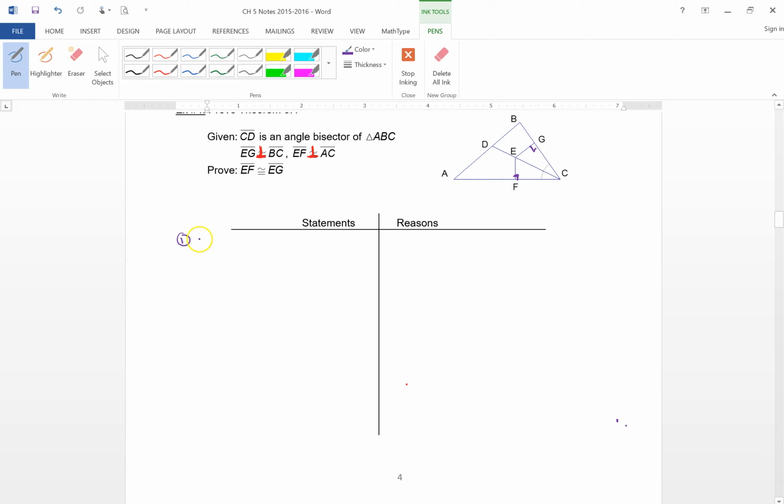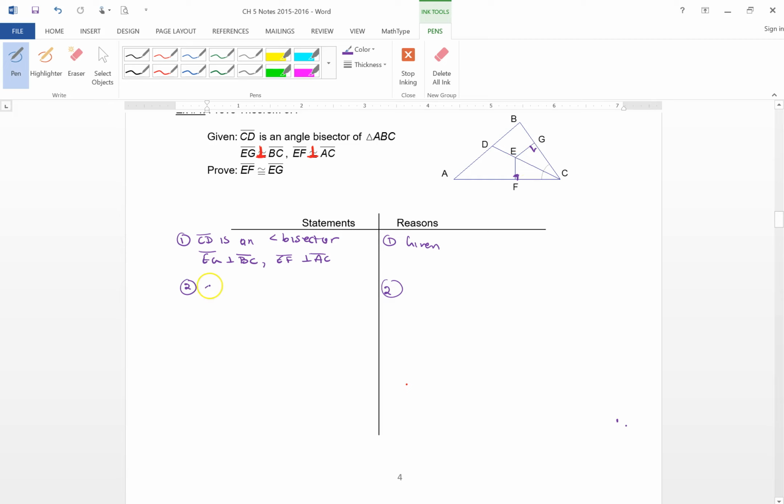Okay, so what we're going to do first is write down what we're told, which is CD is an angle bisector. We're also told that EG is perpendicular to BC. We're told that EF is perpendicular to AC. Now we need to interpret this. All right. So perpendicular means that those two angles there are right angles.